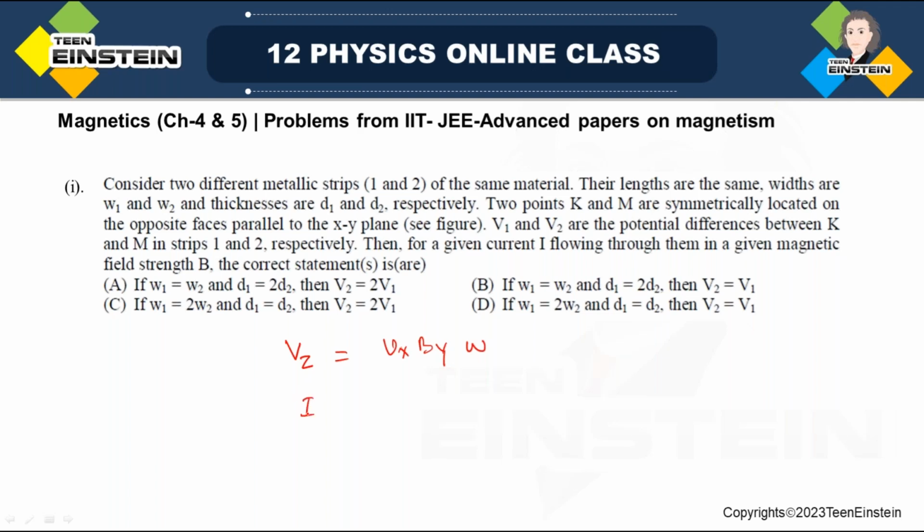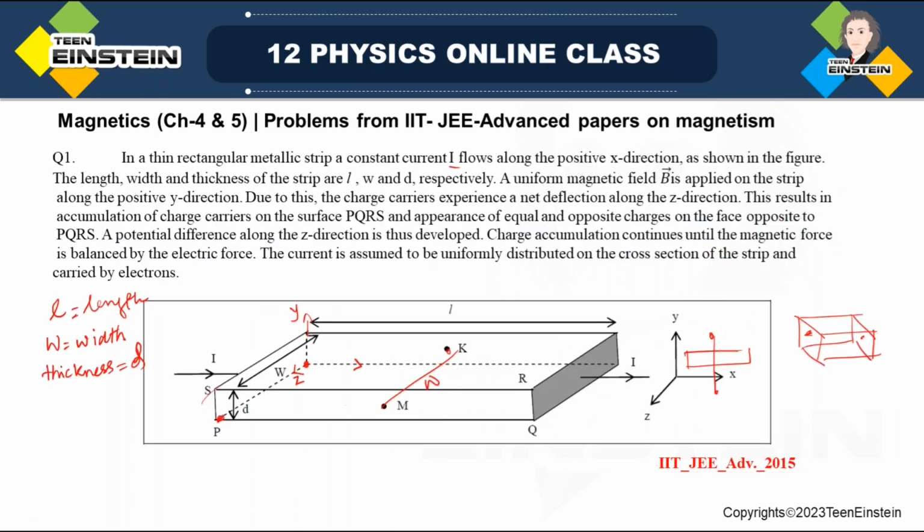From electricity we know current is the current density into area. So how do you get area? See, area will be obtained from length and breadth. If we multiply length and breadth, then we will get the area, right?